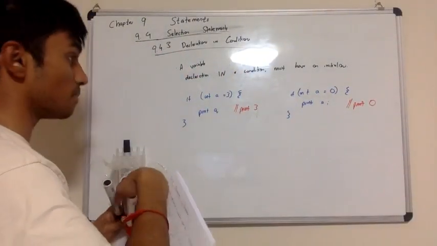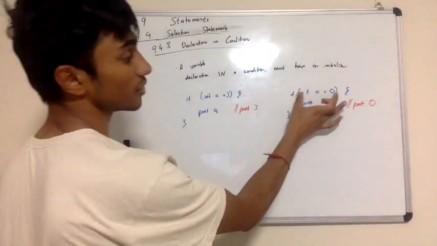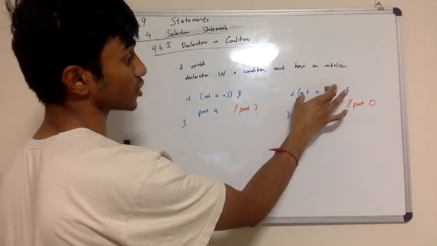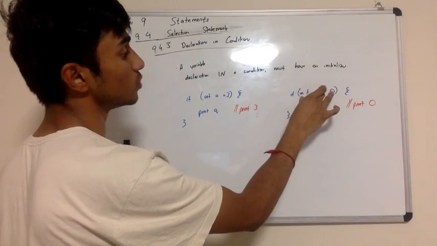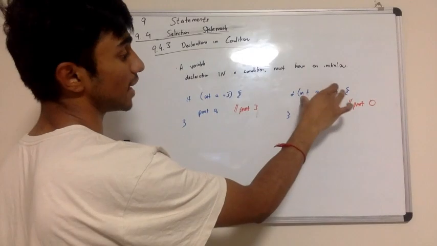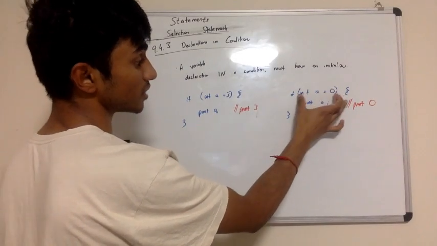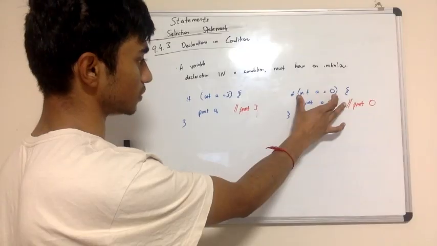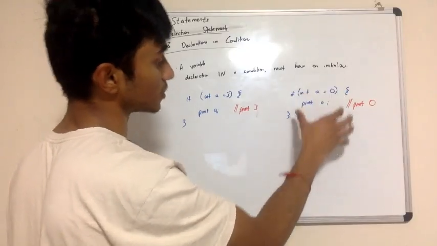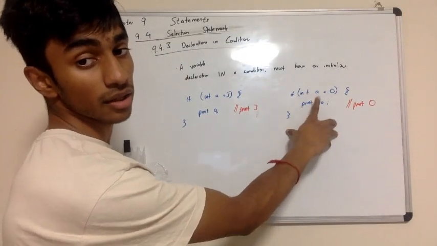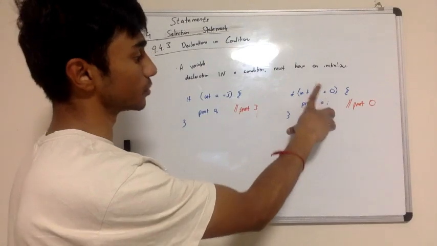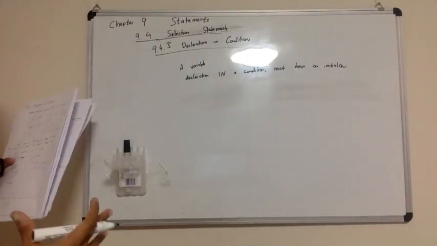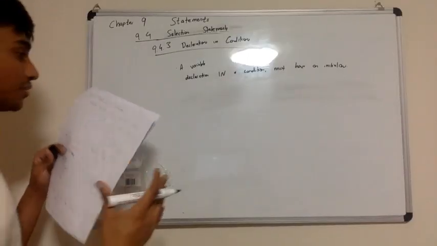But remember that when it comes to evaluating this condition, in the assignment case, it basically checks what value was assigned to a, or what is the value of a now. And since the value of a is 0, this entire thing will evaluate to false, because 0 is converted to false. So actually, this entire thing will be jumped over, because this is not true. So when would we use a declaration as part of the condition?